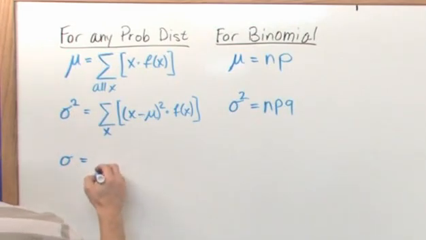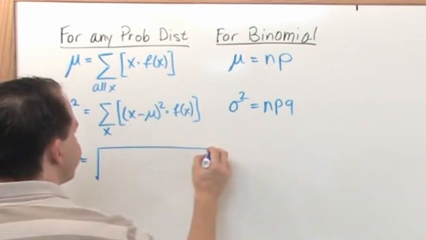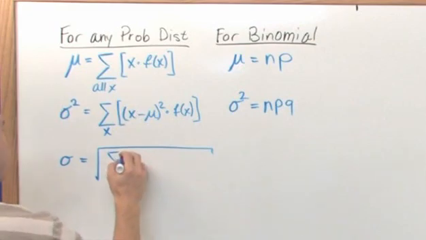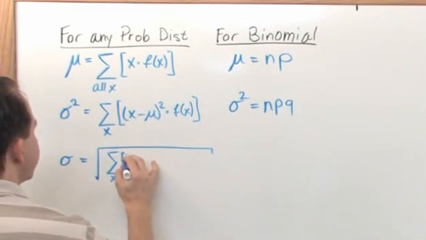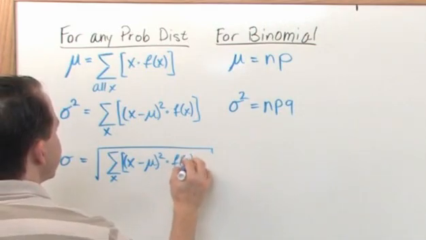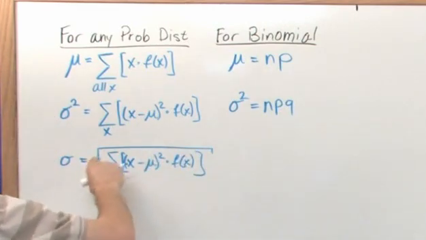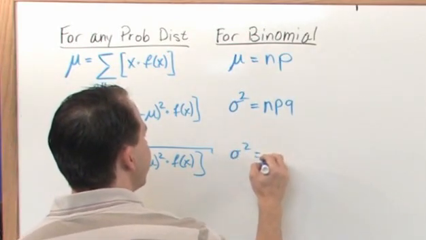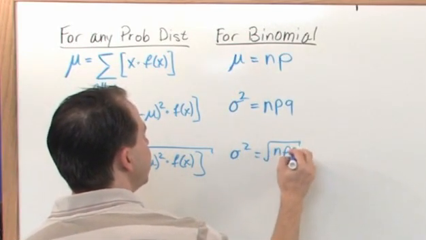So what you're going to get looks exactly the same, but with a square root around it. So you're going to have x minus mu squared times f of x, and you do all the summation, and you just take the square root. And correspondingly, it's just the square root of n times p times q.